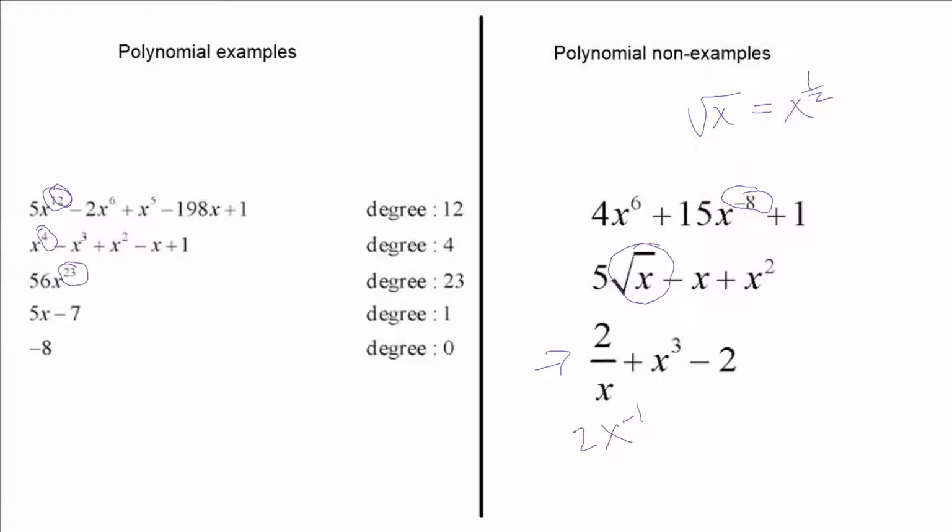The largest power here is 23, so the degree is 23. When no power is written, the power is actually 1. So this is a degree 1 polynomial. Here, there are no x's. In fact, we could write one in. We could say x to the 0 power, so the degree here is 0.